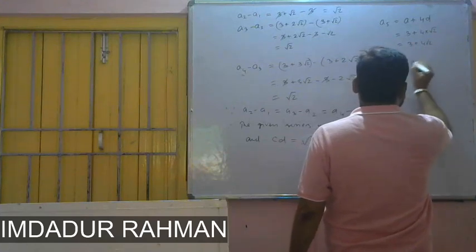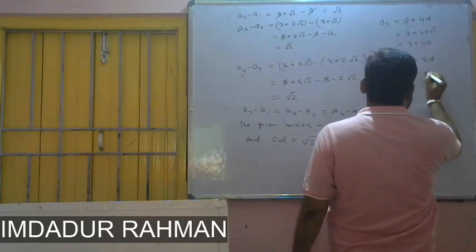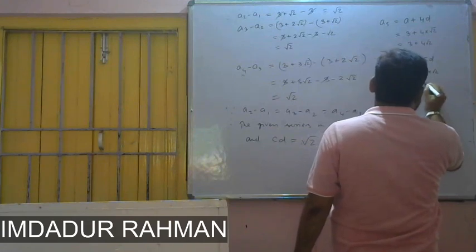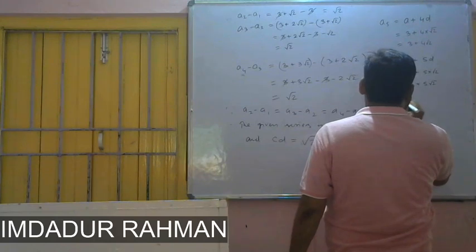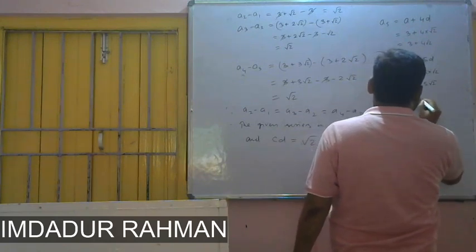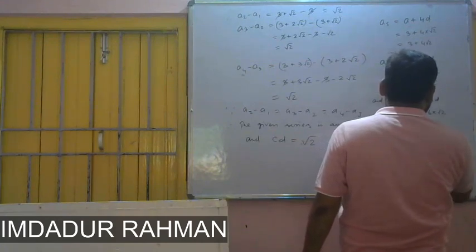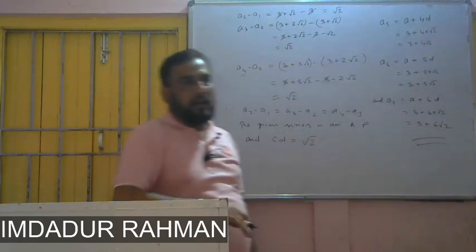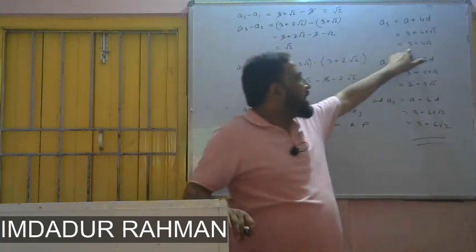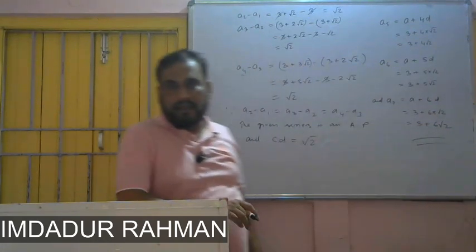A6 is A plus 5D. So A is 3 plus 5 into root 2, that is 3 plus 5 root 2. And A7 is equal to A plus 6D, that is 3 plus 6 into root 2, that is 3 plus 6 root 2. So the 3 terms are 3 plus 4 root 2, 3 plus 5 root 2 and 3 plus 6 root 2.